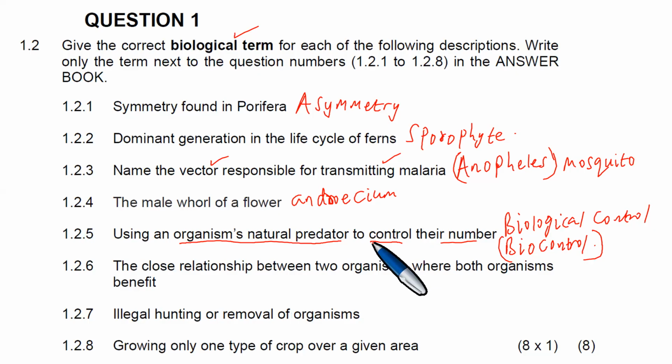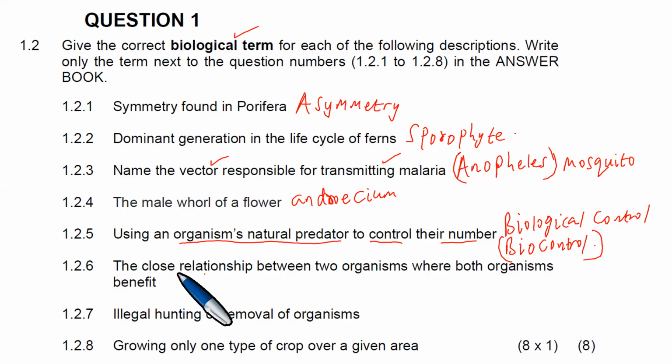For example, if you have lots of impalas, you can put a lot of predators to feed on the impalas so that the number of the impalas can go down. So that's biological control. If you decide to deploy lots of lions and tigers, you know very well that the lions are going to feed on the impalas.